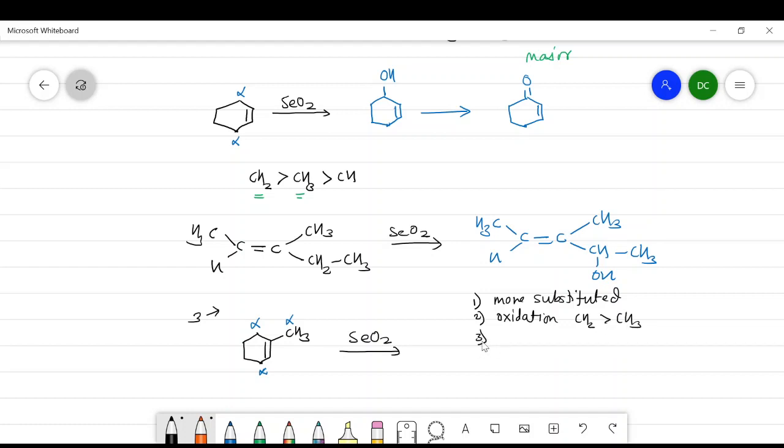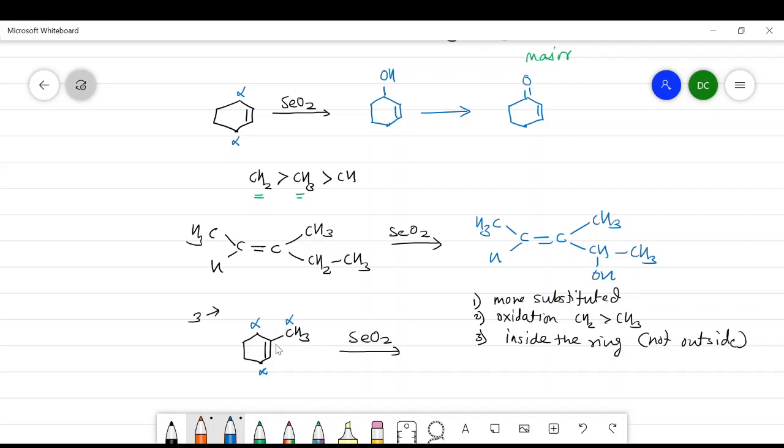And third rule, we have studied these characteristics, that is oxidation preferably occurs inside the ring, not outside. Now apply these three characteristics to this compound.